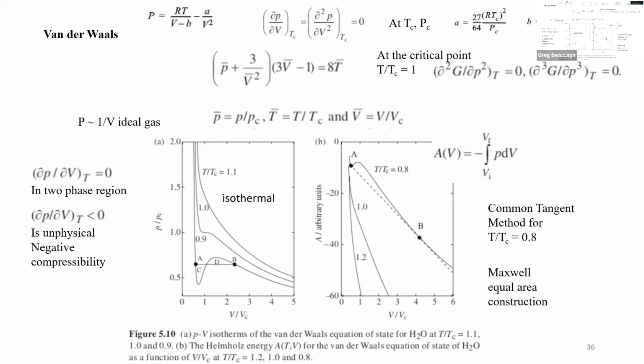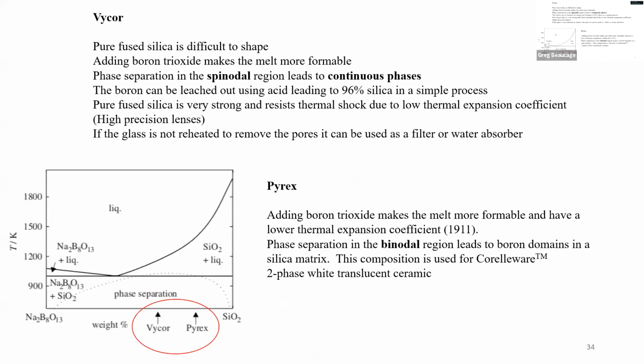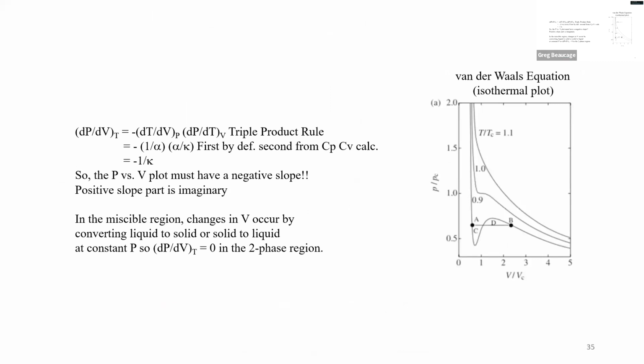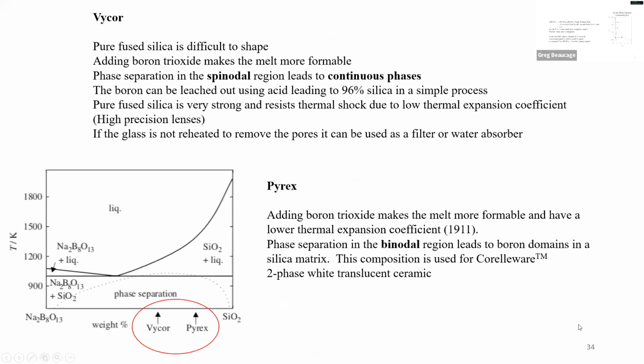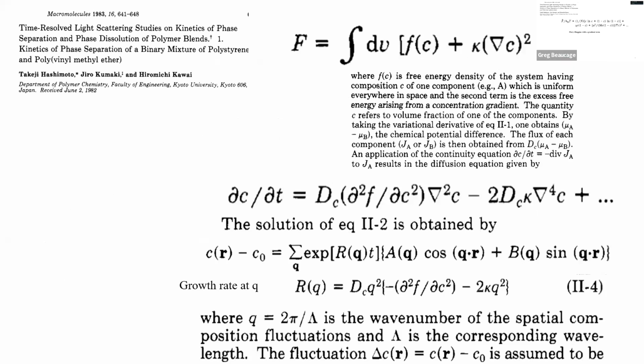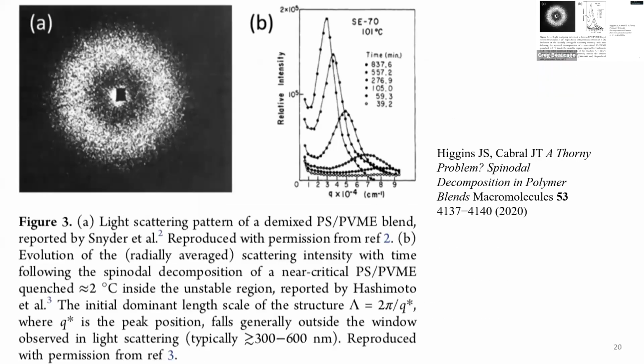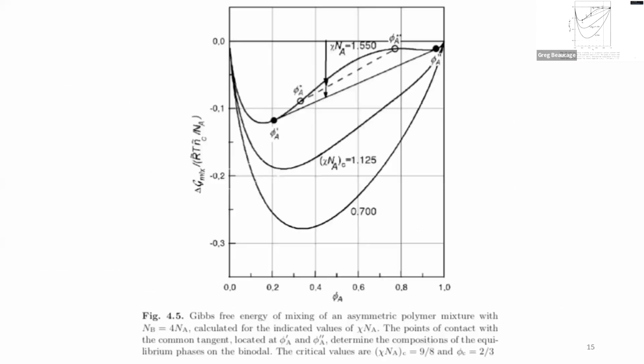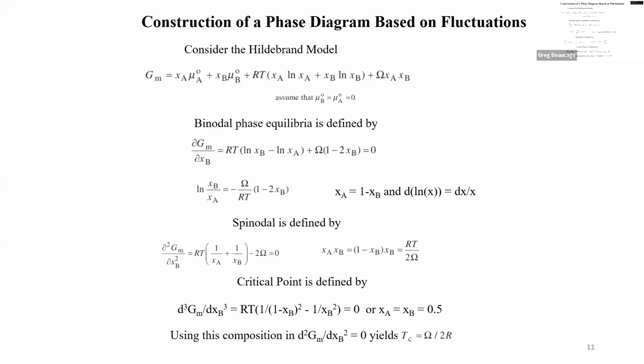Oh, this is just showing that the critical point is going to be the third derivative of the free energy, wherever that is. This actually belongs earlier. So the critical point's the third derivative, and you can look up the critical temperature, pressure, and density, like that's tabulated.